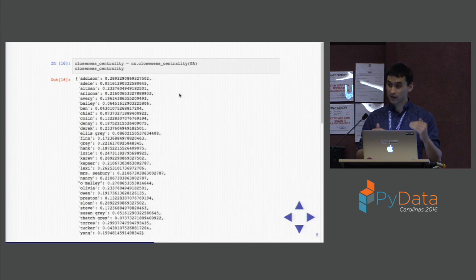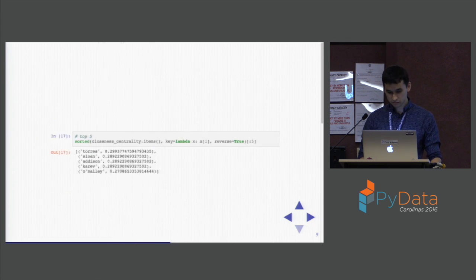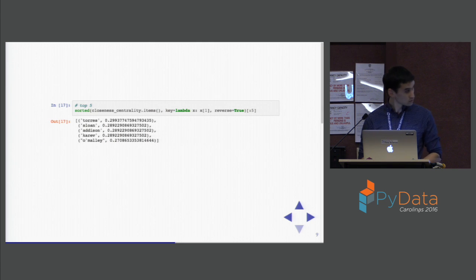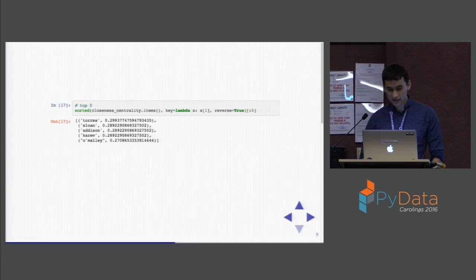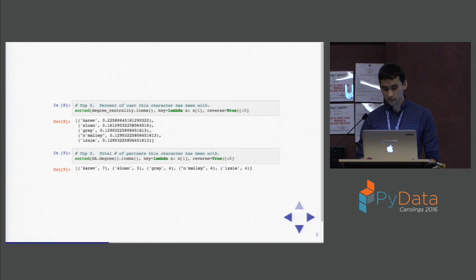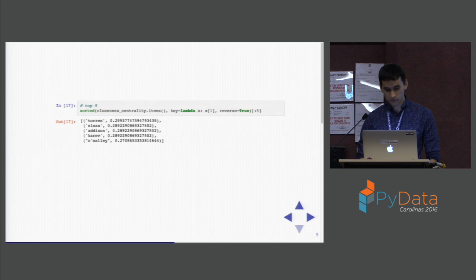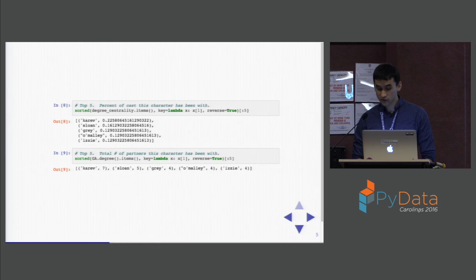So we do the same thing. We get our list, but let's look at the top ones and see if we can interpret this a little bit. As you can see, we actually have different people here, as opposed to degree centrality, where Alex is leading the charge.